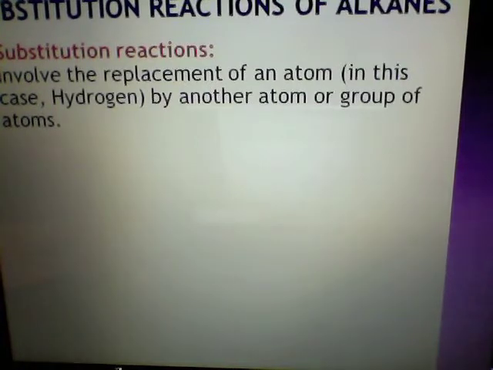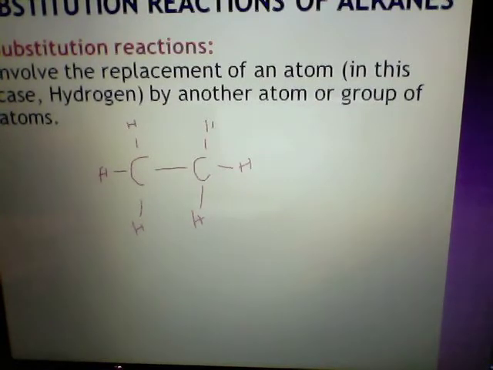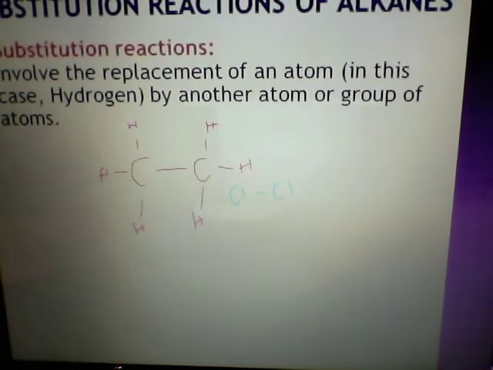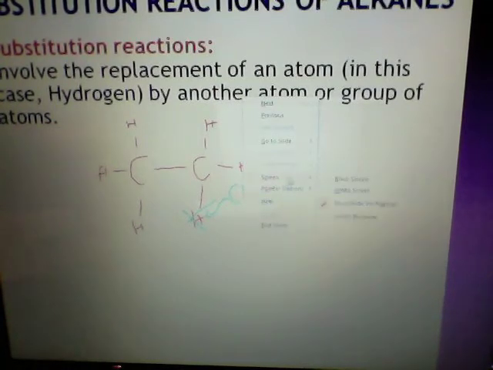But in this case, let's say we have ethane and we are reacting it with chlorine. So let's do chlorine in a different color. Single bond Cl. What happens is one of these hydrogens is removed and this Cl comes and replaces it. So let's do that.